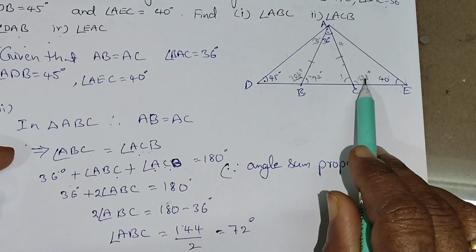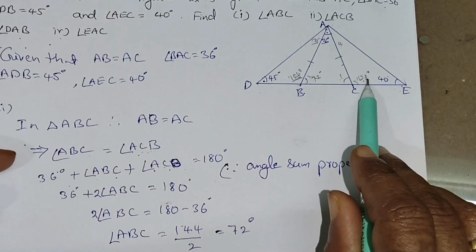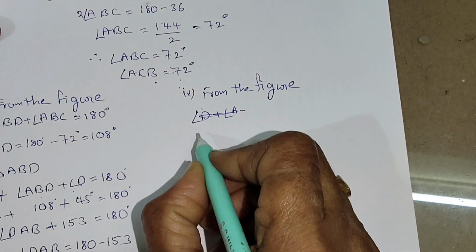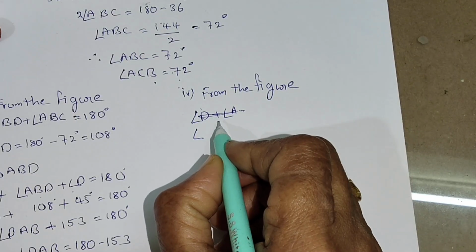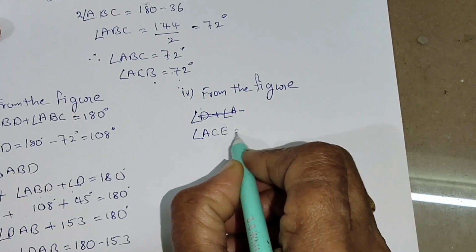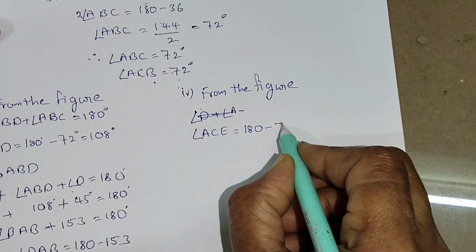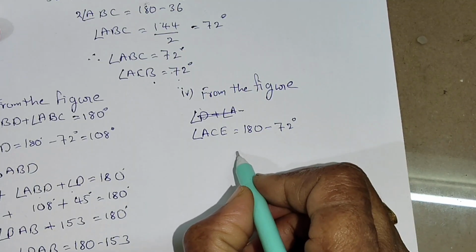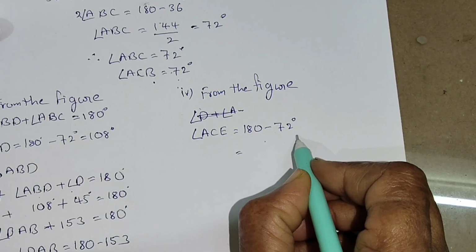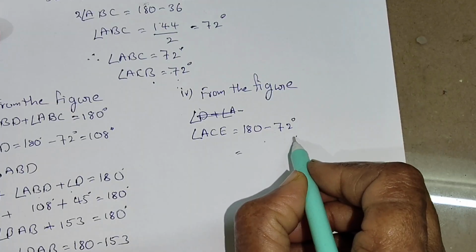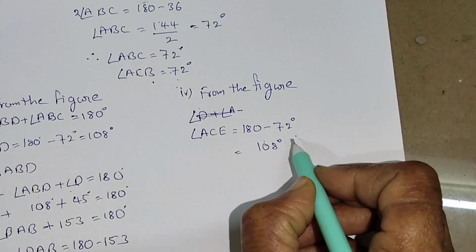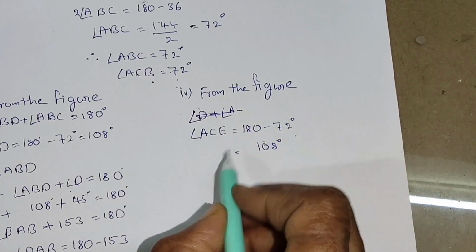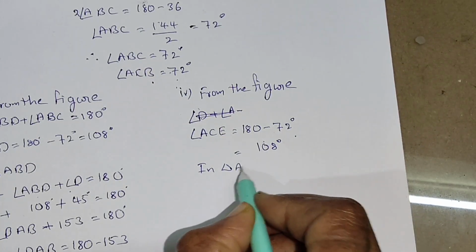Now this one is 180 minus 72, 108 degrees. We write angle ACE equal to 180 minus 72 degrees, which equals 108 degrees.